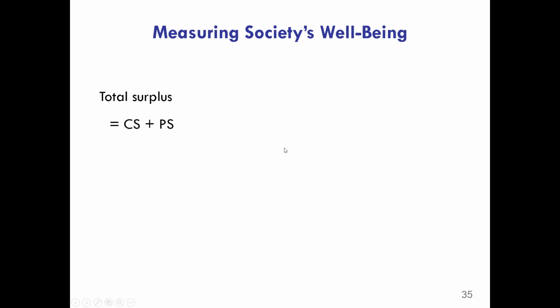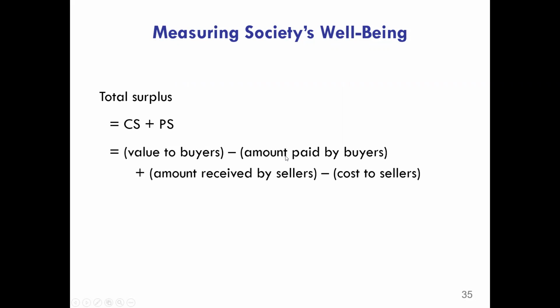Total surplus, as we said earlier on, is the sum of the consumer surplus and the producer surplus. So mathematically, it is the value to buyers minus the amount paid by buyers plus the amount received by sellers minus the cost to sellers. Now, we would realize that the amount paid by buyers and the amount received by sellers would be the same.